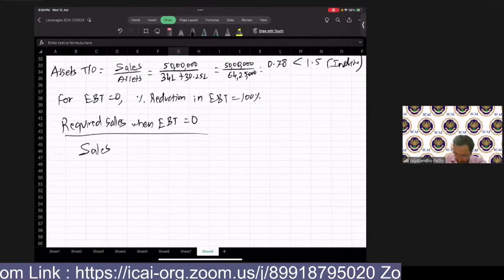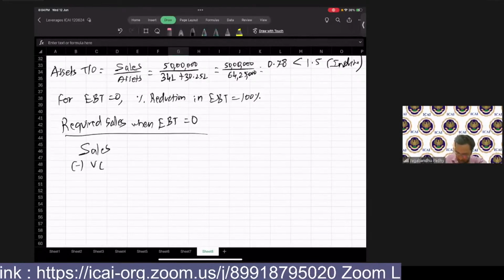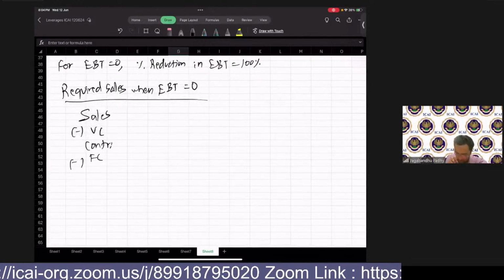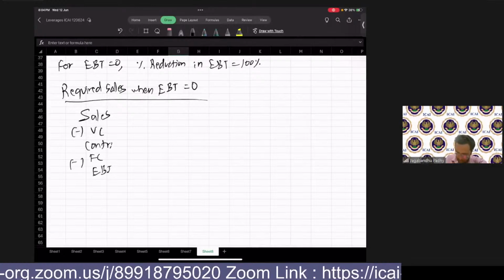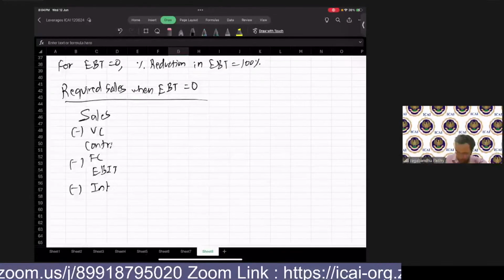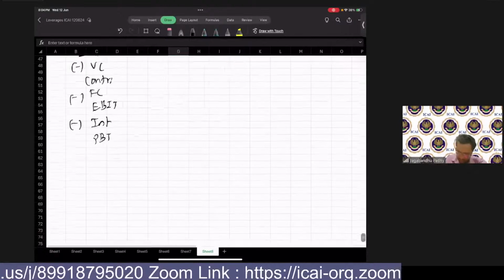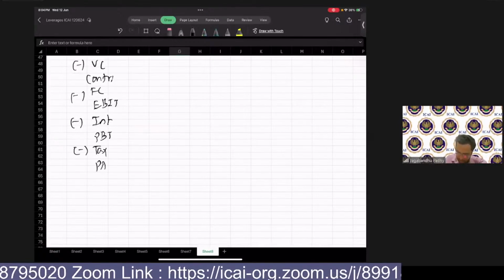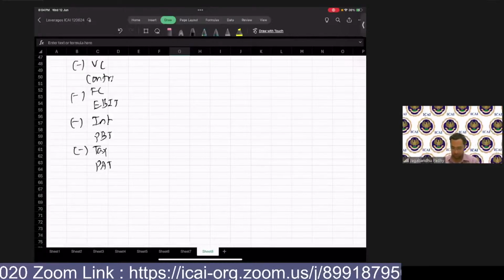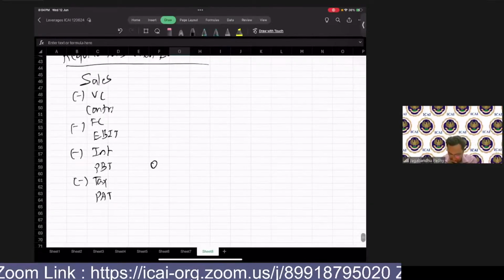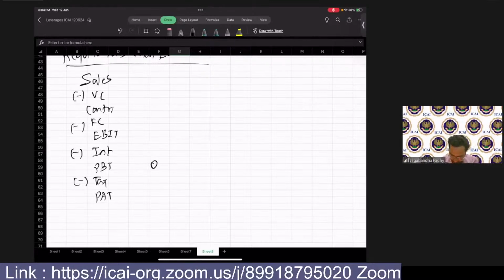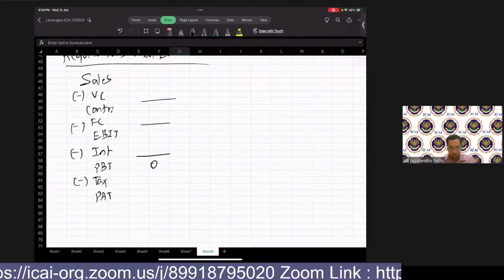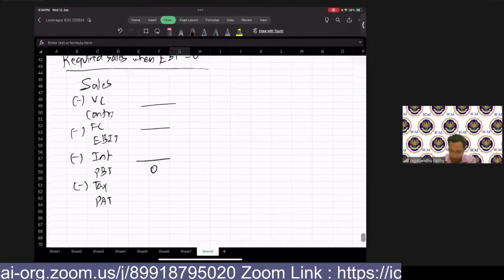Start with sales less variable cost, which gives you contribution. From that you subtract fixed cost, which gives you EBIT. You subtract the interest, which gives you profit before tax. Then less tax gives you profit after tax. Anyway, we want this PBT to be zero. If PBT is to be zero, the interest is something I definitely have to pay.